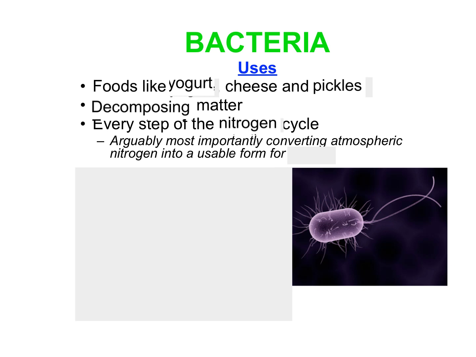We talked about this in biology a little bit, the nitrogen cycle, but it is arguably the most important at converting atmospheric nitrogen into a usable form for plants. I don't know how familiar you are with this, but plants in particular cannot use the nitrogen that's found in the atmosphere.